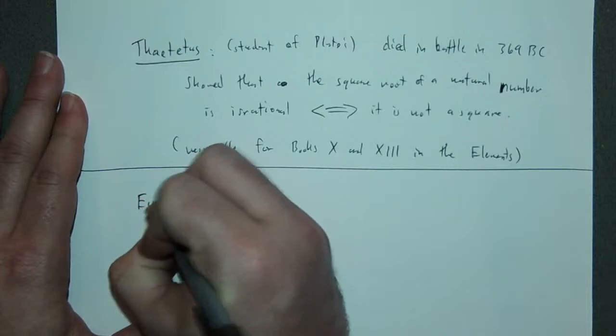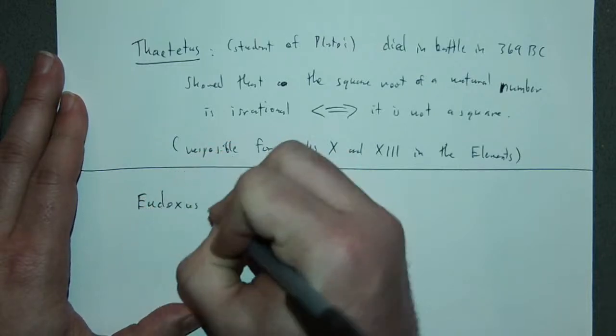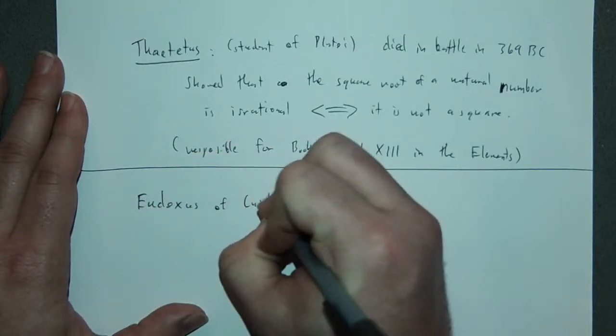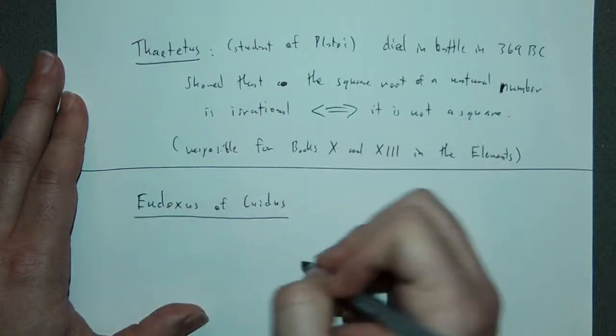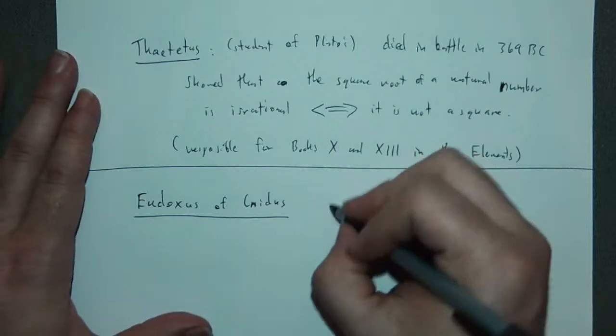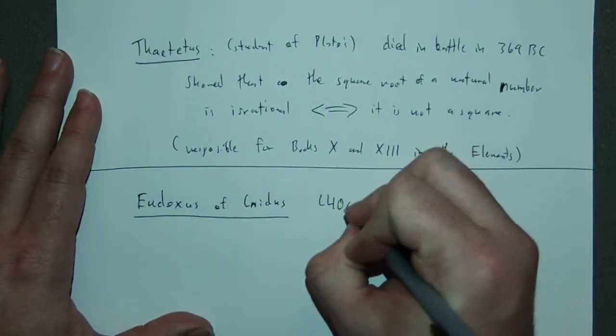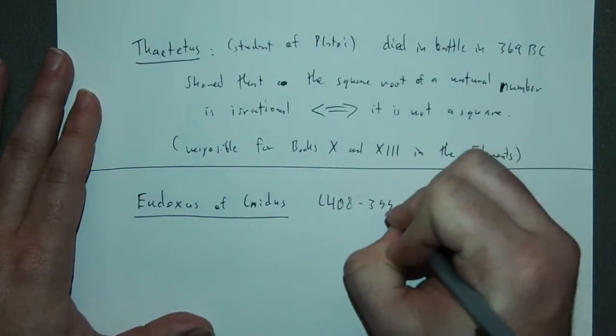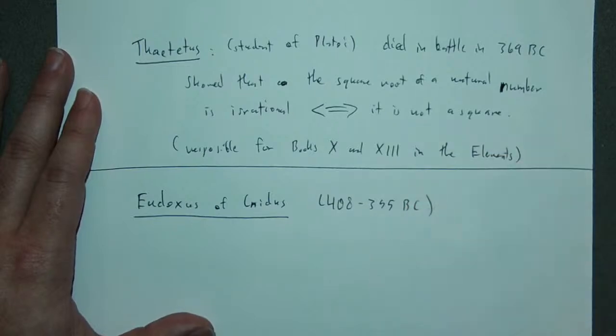So Eudoxus of Cnidus lived from 408 to 355 BC. He studied with Plato.